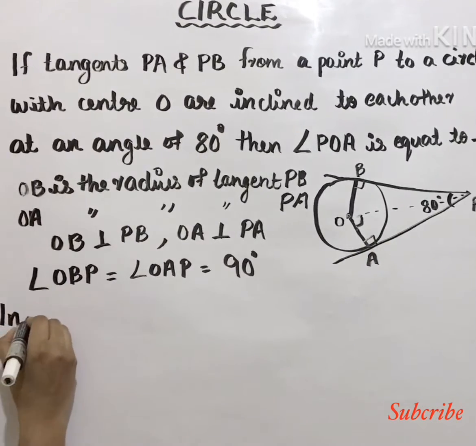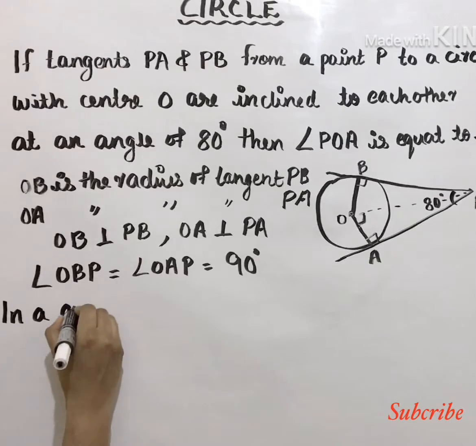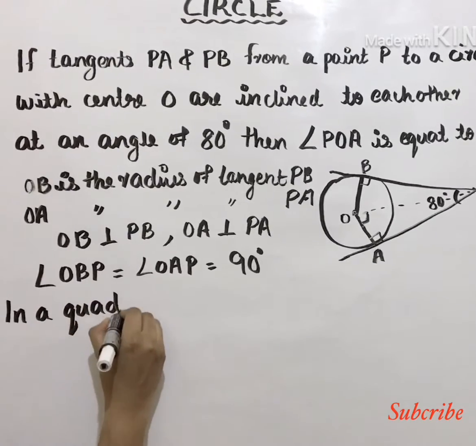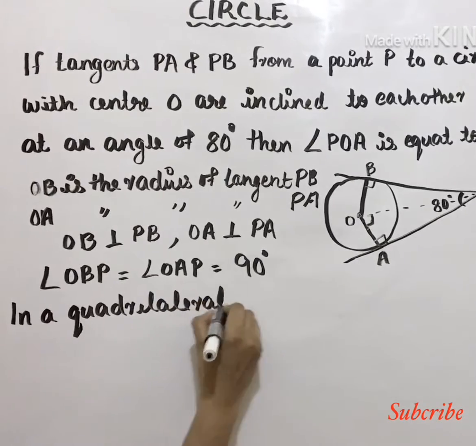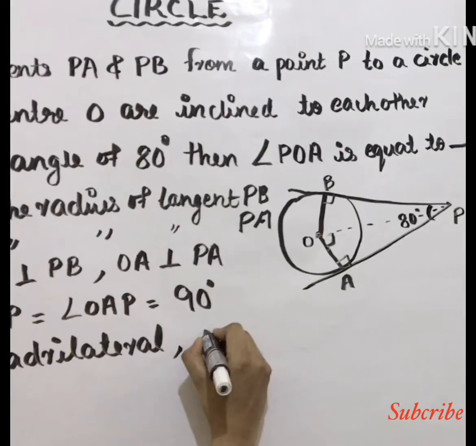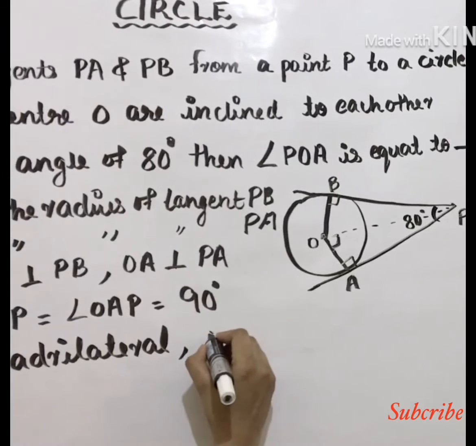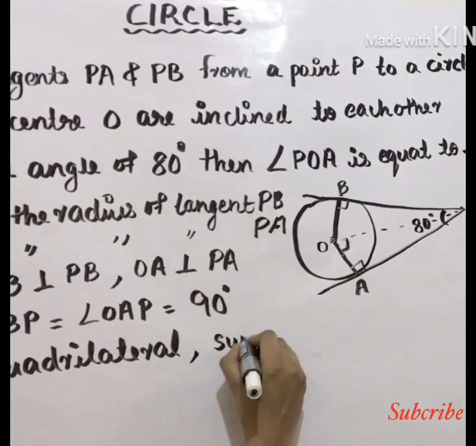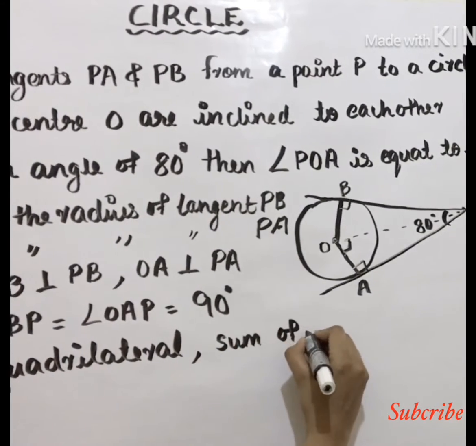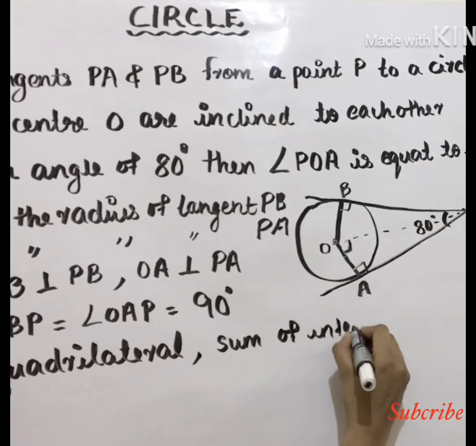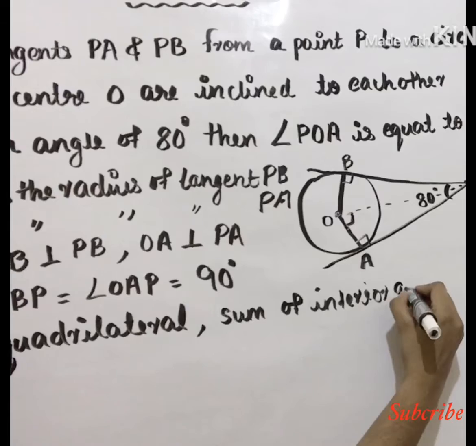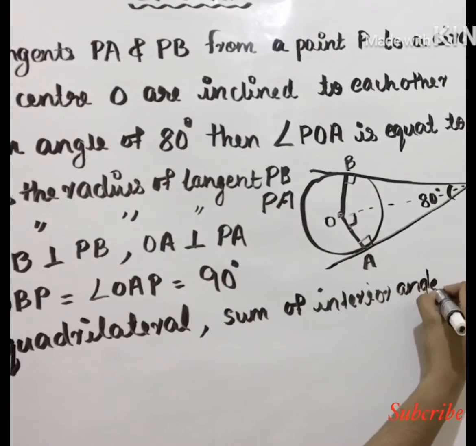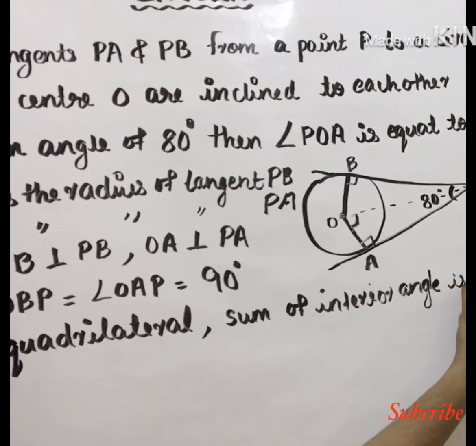In a quadrilateral, the sum of interior angles is 360.